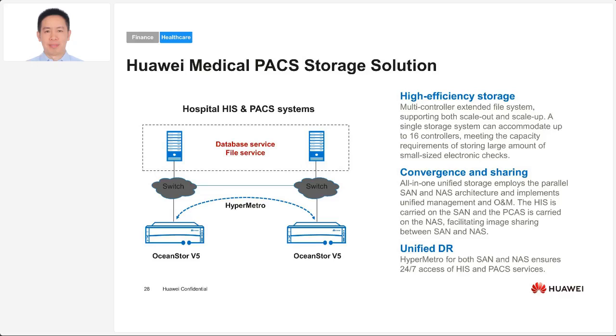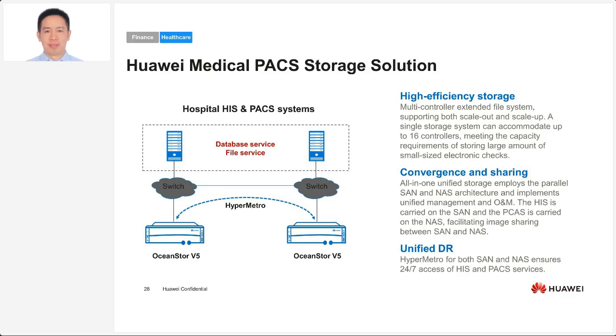And at the end of the day, you do need a unified disaster recovery system, as we mentioned previously. The data center sometimes has a failure, or a device failure, or a fire or other emergencies happen.